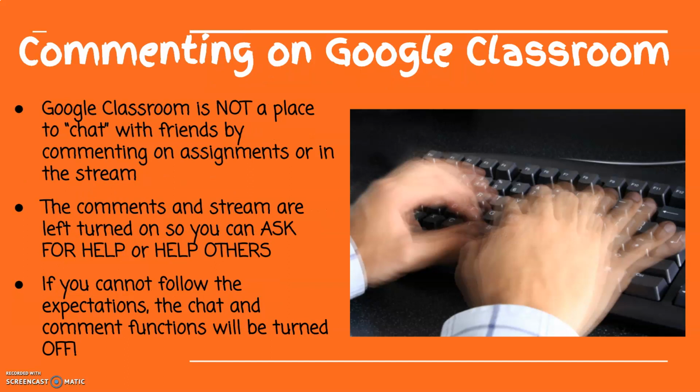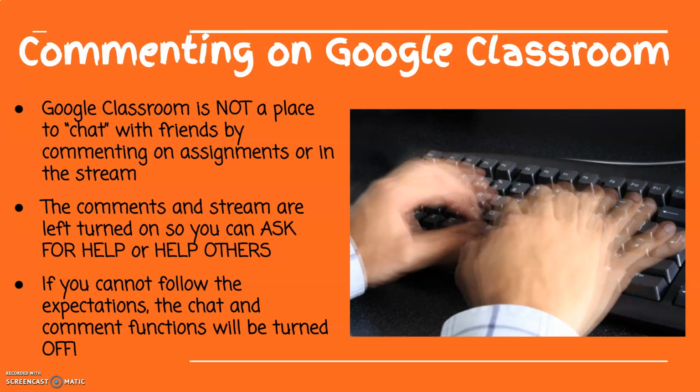There is a commenting feature on Google Classroom that I like to leave on because that allows the kids to communicate with me just by adding a comment onto the assignment. And it allows them to help each other if I'm not available, especially since we have the split schedules with the A and B groups. Kids can help each other out using the commenting feature.